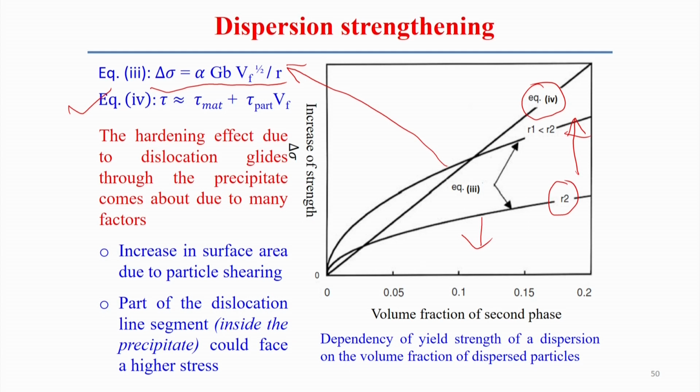The second explanation is that the part of the dislocation line segment inside the precipitate could face a higher stress level. These two mechanisms are responsible for the increment of the strength level when the dislocation tries to cut the particle.